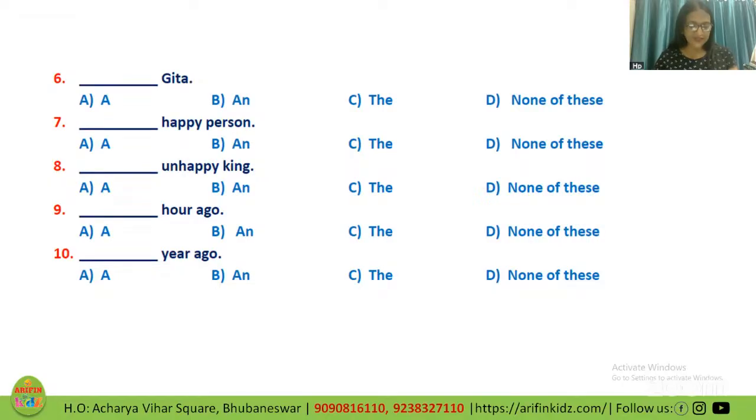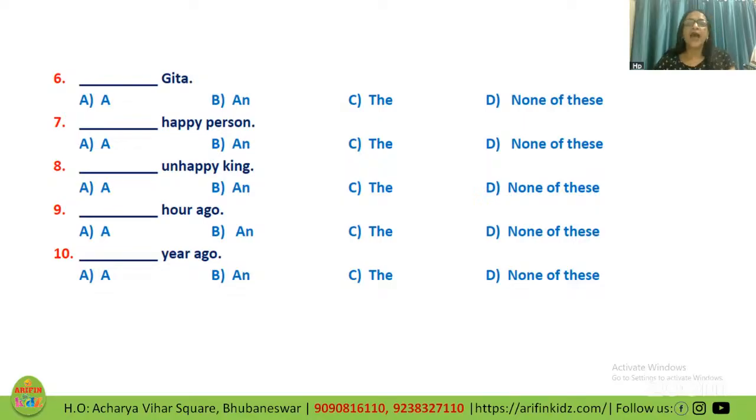Next. Dash Gita. Question number 6, correct answer. Give me. Rabi, 6A. Tripti, 6C. Raghav, Kuchu, Rasmita. Okay.